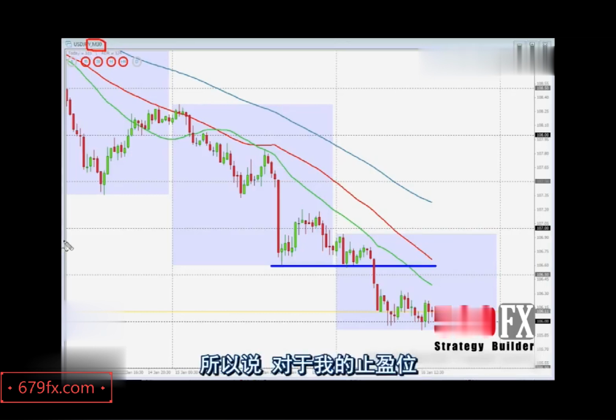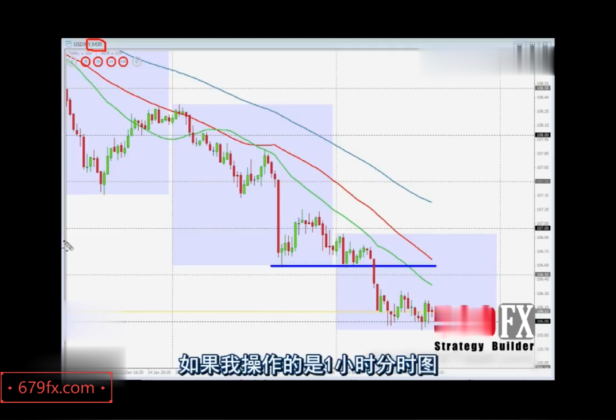I expect my entry and my price targets, or my stop loss if things don't quite go as expected, to be reached within the day, within the next 12 hours.